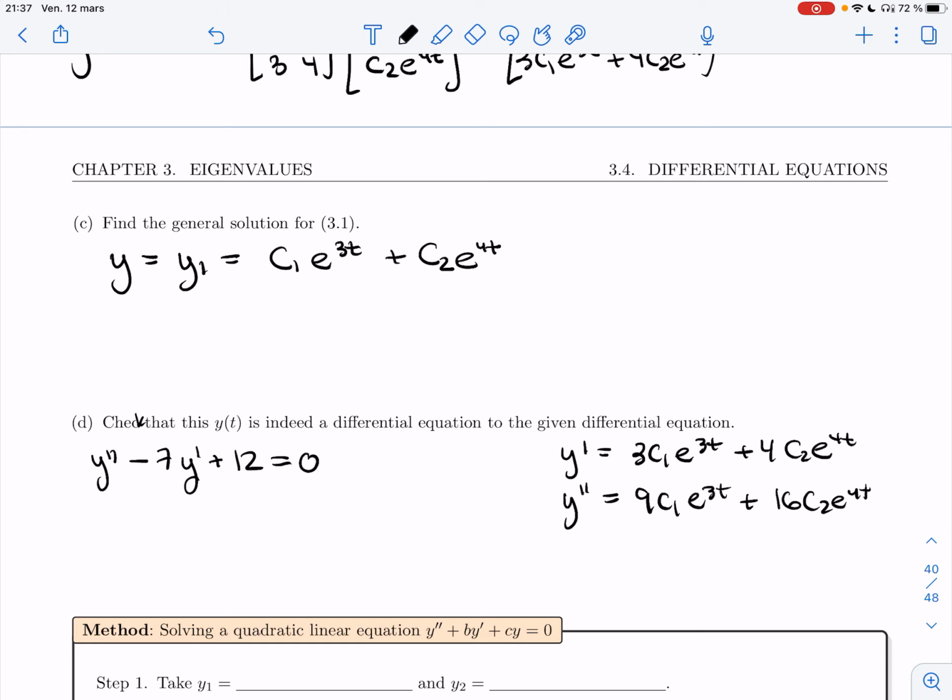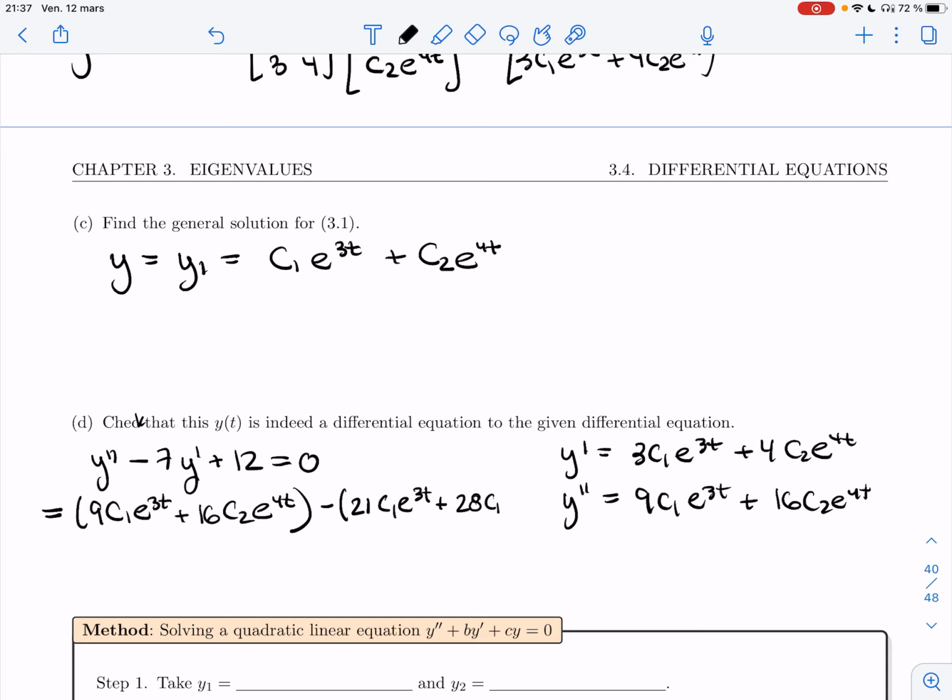So if I plug all of that in, I'm going to get 9c1 e to the 3t plus 16c2 e to the 4t. Then I'm going to subtract 7 times the first derivative, so minus 21c1 e to the 3t minus 28c2 e to the 4t.